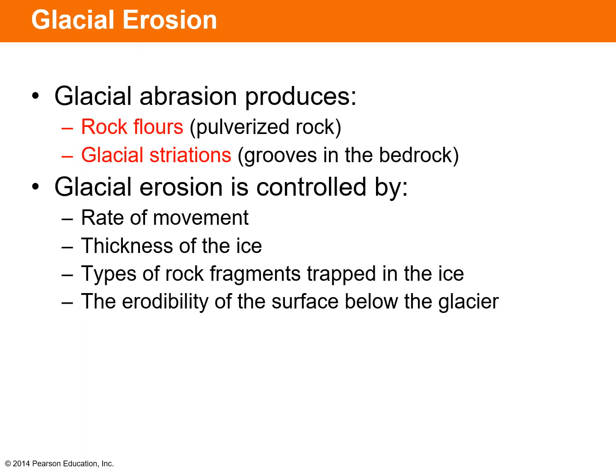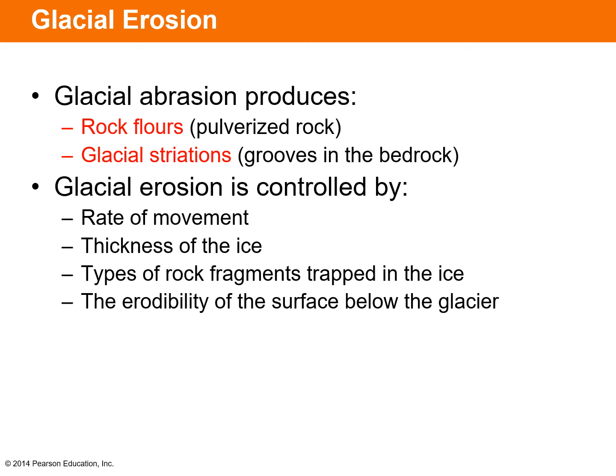Now on to glacial abrasion. Glacial abrasion produces rock flour, which is basically just pulverized rock. If you have this insanely heavy glacier with a bunch of sediment on the bottom of it, some of which might be finely ground quartz, then it pulverizes the rock that it's grinding over in a lot of situations, and produces what's known as rock flour.